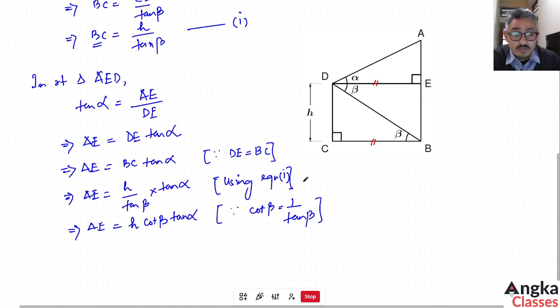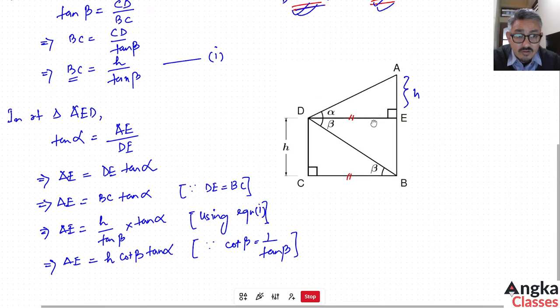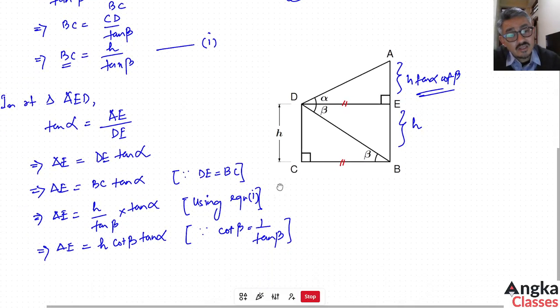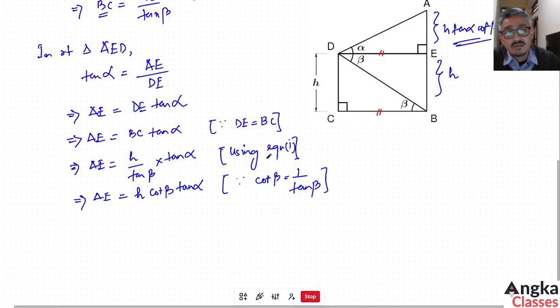So AE is h tan alpha cot beta. The height of the tower is AE plus EB.